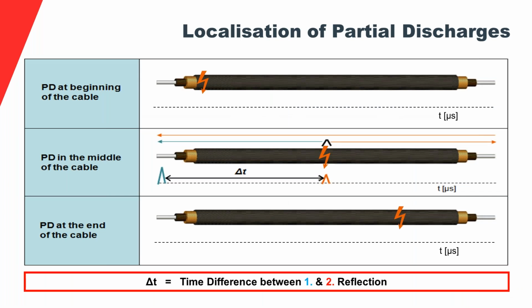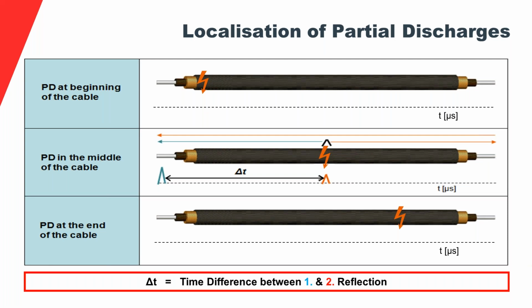So we have these three cases. The case from just the slide before is in the middle. The 50% that went to the left, to the near end, to the detector, is right there and is shown as that reflection, the blue one there. And then the red one comes later, because the second reflection goes all the way to the cable end and comes back.